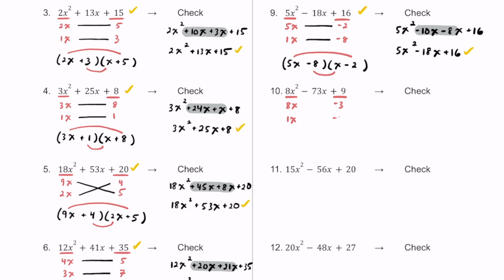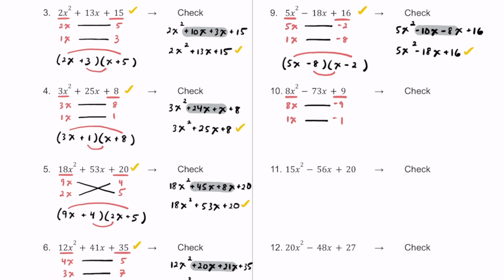Let's do negative 3 and negative 3. This will be negative 24 and negative 3, which makes negative 27, which isn't what we're looking for here. So let's try something else. If you go diagonal, it's not going to change because the negative 3s are the same. I'm going to change the 3 and 3 to 9 and 1. So this negative 72 and negative 1 make negative 73.